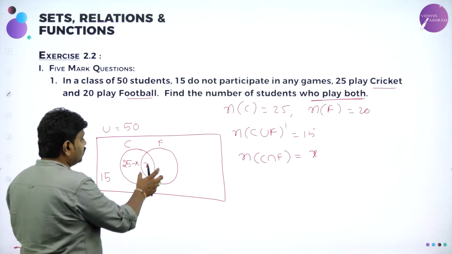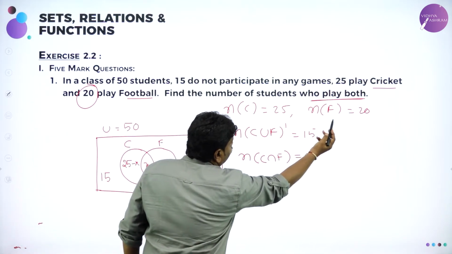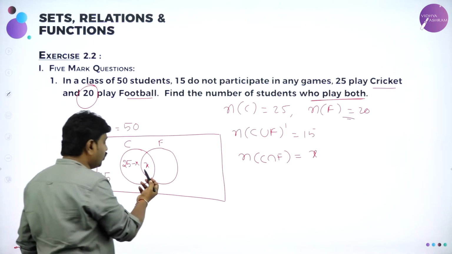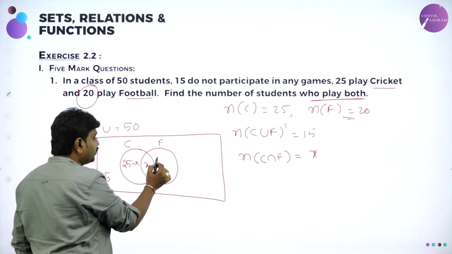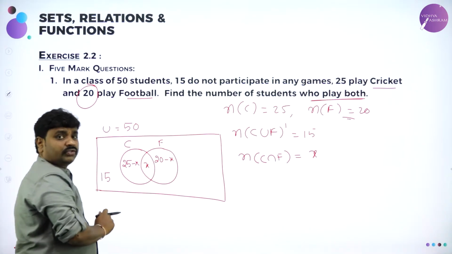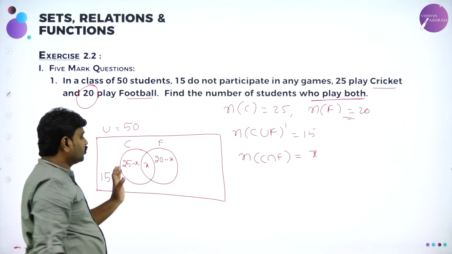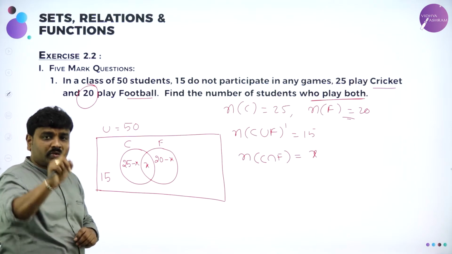And football: 20 play football. In 20 we already wrote X here, so 20 minus X is here. Out of 20, X is already filled. If you add all this, it will become 20. So this is the way to fill it. I hope all of you understood.